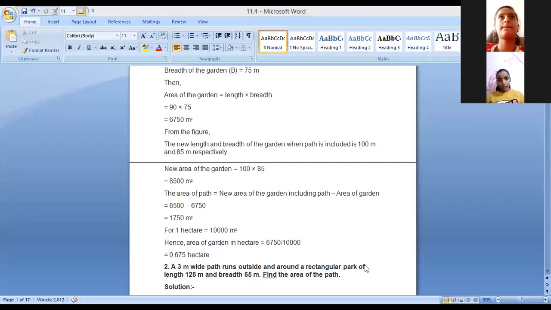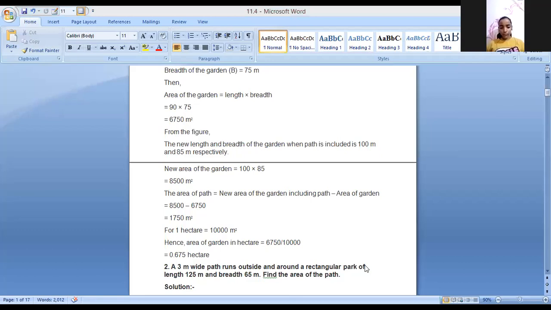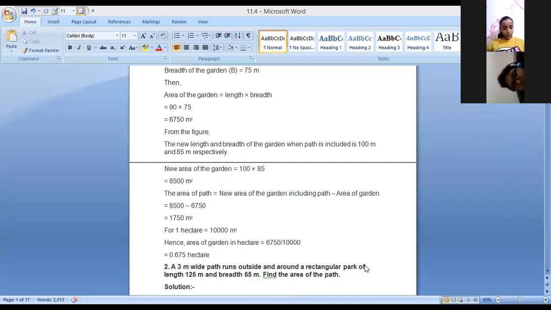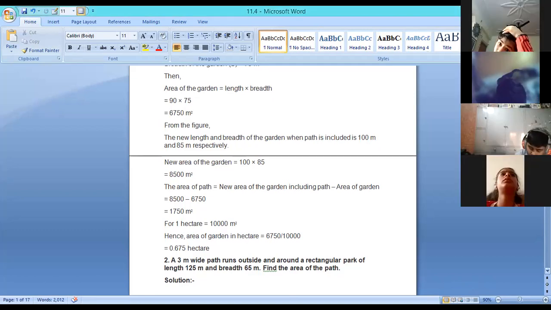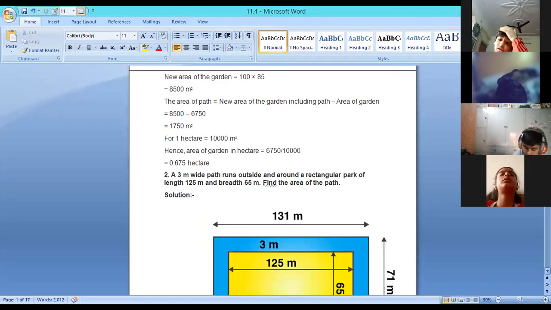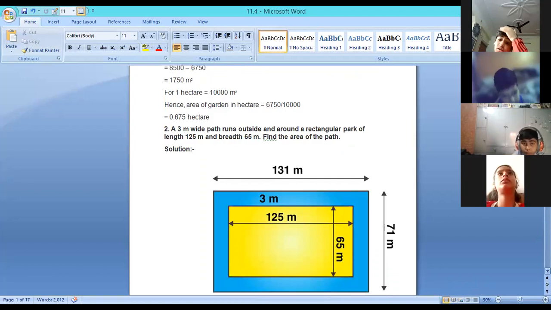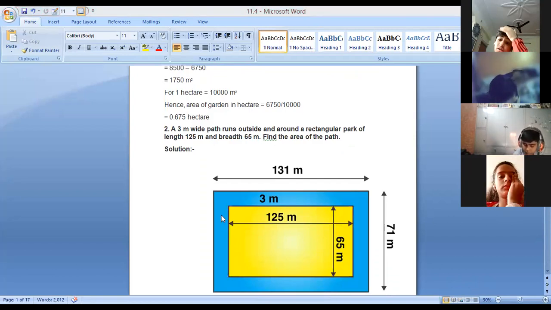In question number 2, it's given that a 3-meter wide path runs outside and around a rectangular park of length 125 meters and breadth 65 meters. We have to find out the area of the path. This is a rectangular park, its length and breadth are given, 125 and 65.